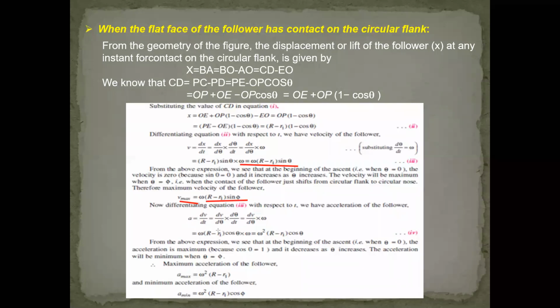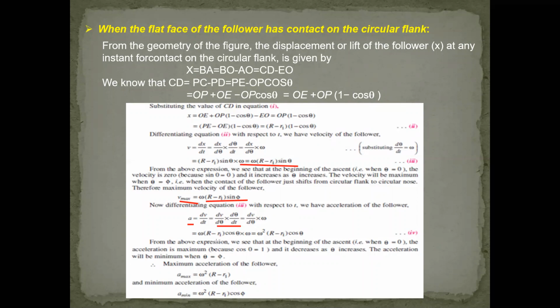Now we are going to find the acceleration, dv by dt. Again, the equation does not have theta terms, so we write dv by d theta into d theta by dt, that is dv by d theta into omega.